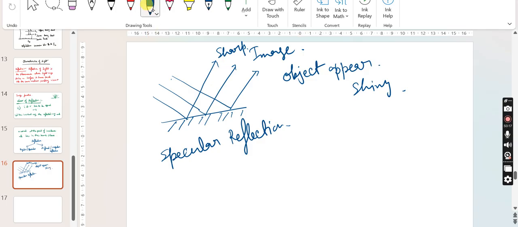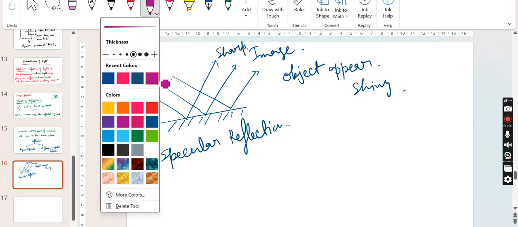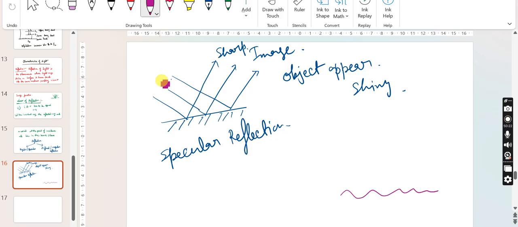But if the surface is irregular, even if a parallel beam falls over that kind of surface, at each point of incidence they follow the law of reflection.